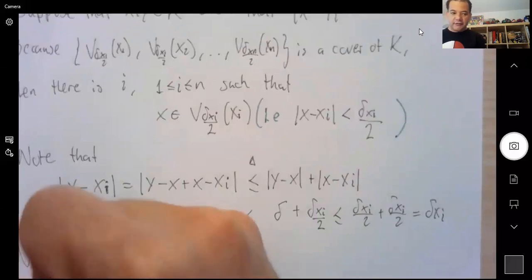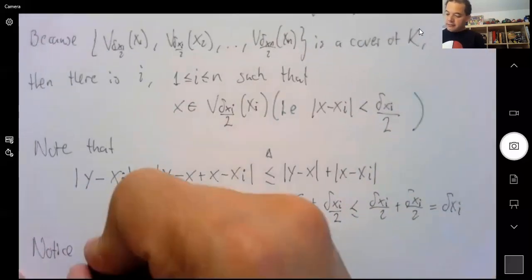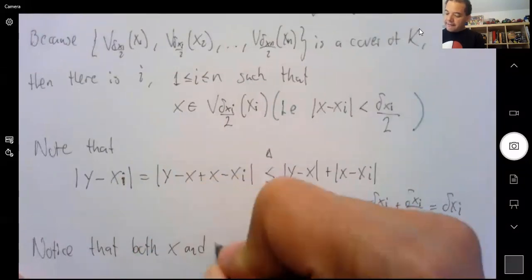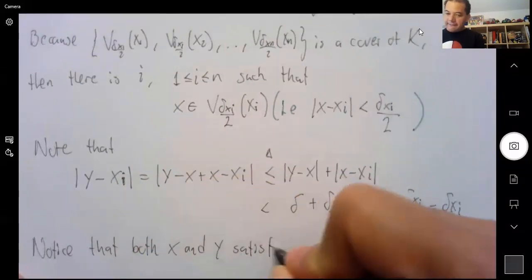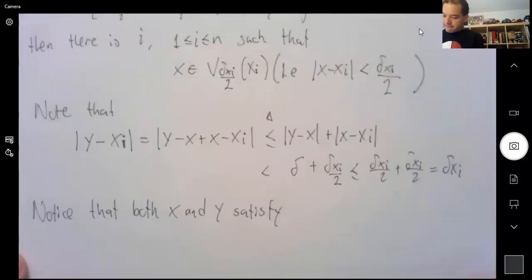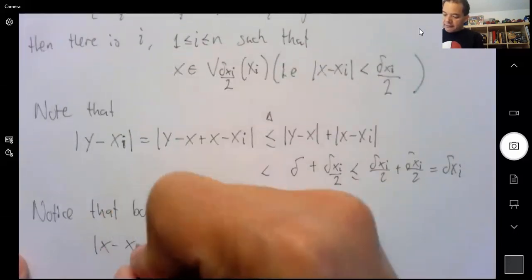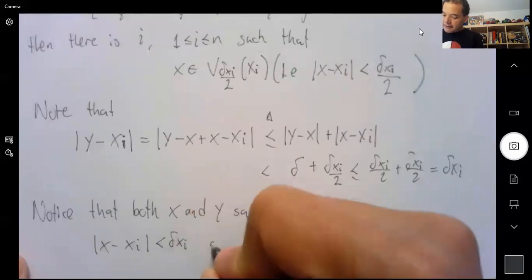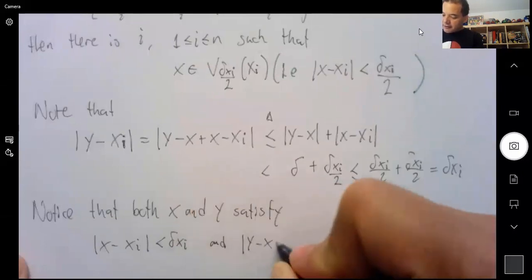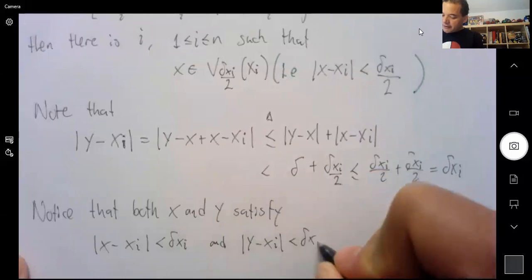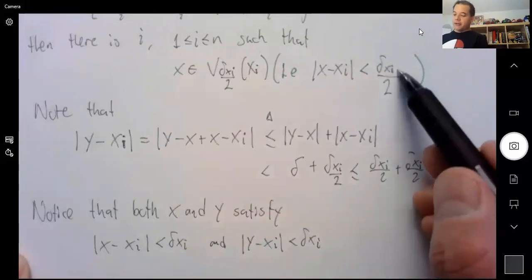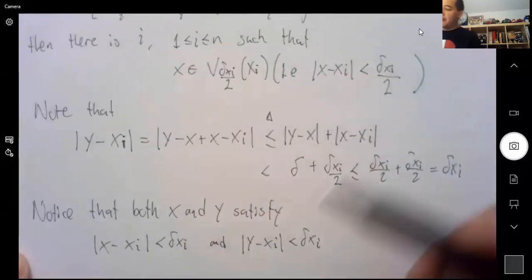Notice that both X and Y satisfy |X minus Xi| less than delta Xi and |Y minus Xi| less than delta Xi. I know that for X it's even smaller than that, it's delta over 2, but delta over 2 also works here.